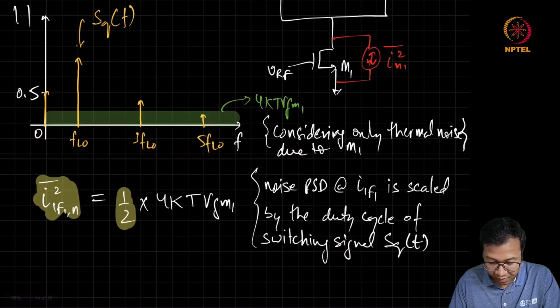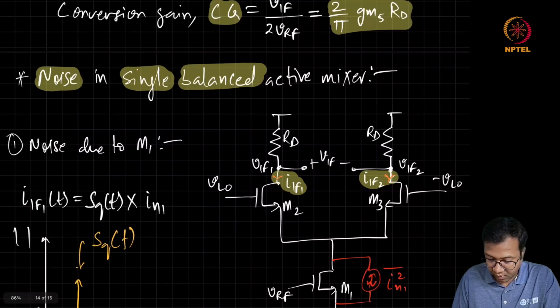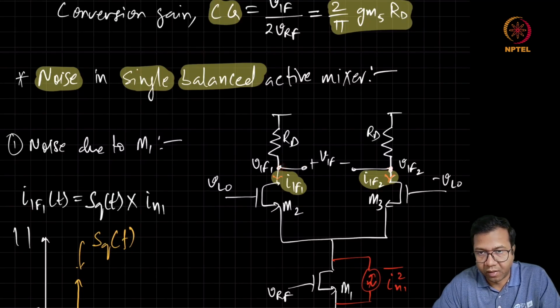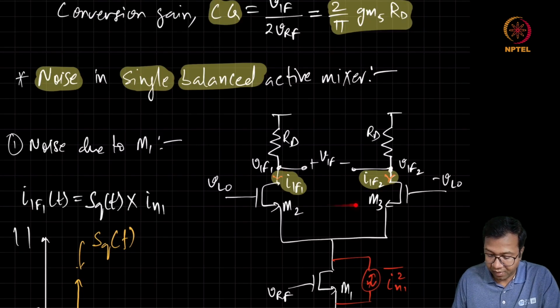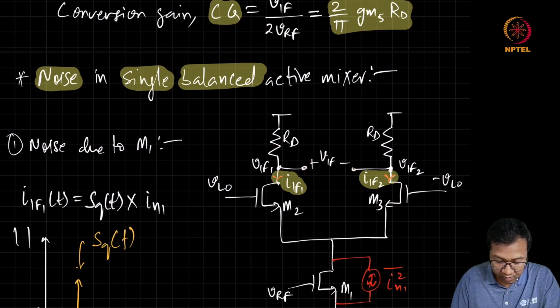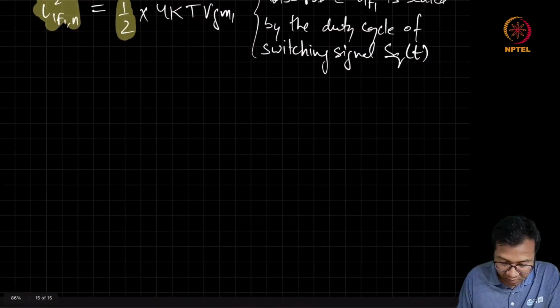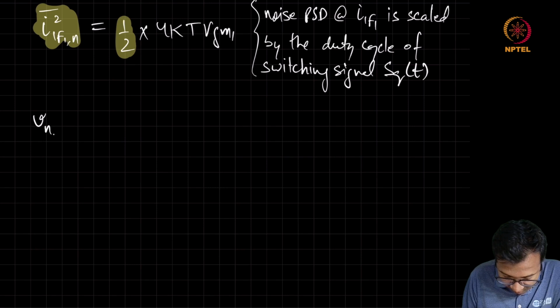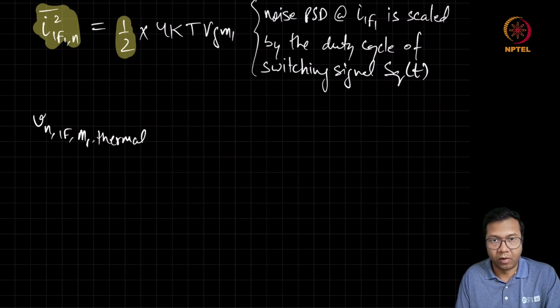Now, if we are interested in the total noise at the output voltage, we can easily see, similarly, the half of the 4kT gamma GM will be appearing at the IF2 also. And when you take the difference, you are going to get twice the noise signal power. So the noise at IF due to M1, thermal. It's only a thermal contribution.